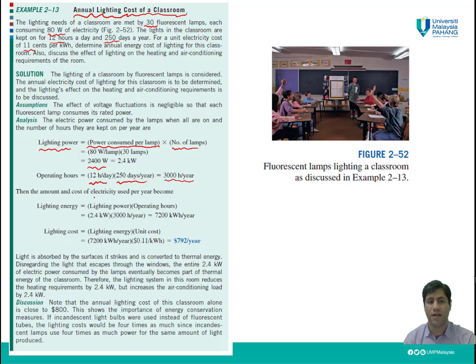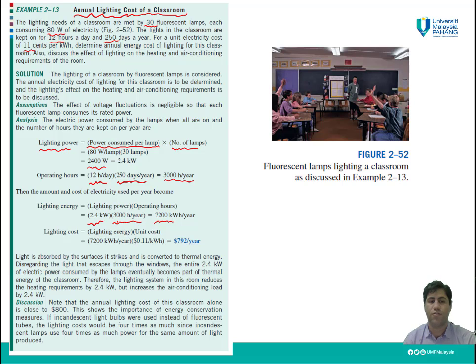Then the amount and cost of electricity used per year. We need to find the lighting energy. We have the lighting power times operating hours will be the lighting energy, where the lighting power is 2.4 kilowatt.